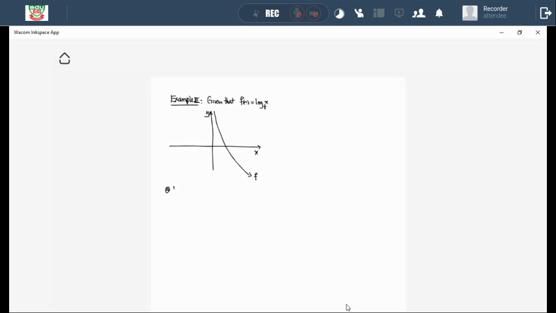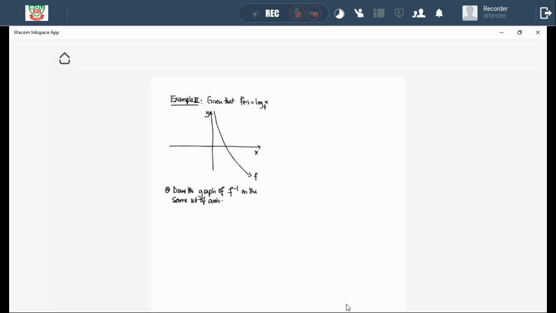The first question says draw the graph of f inverse on the same set of axes.